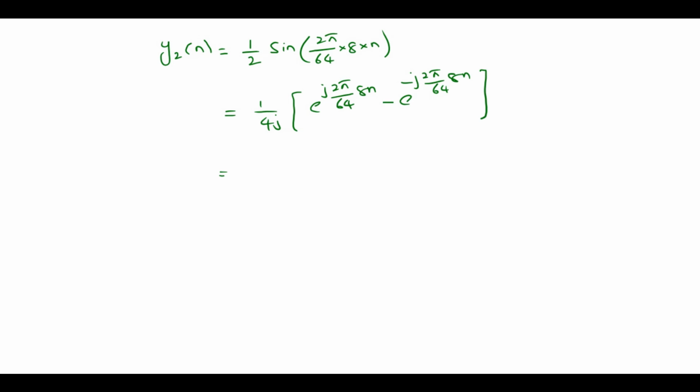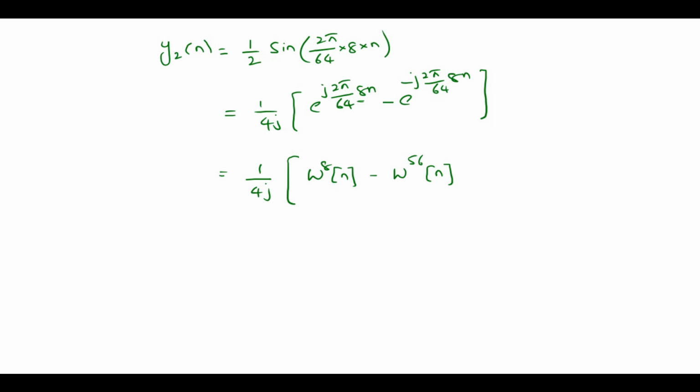This you can write as twiddle factor power 8 of n, where k is 8 here, minus the twiddle factor power minus 8, that is 64 minus 8, which is simply 56 of n.